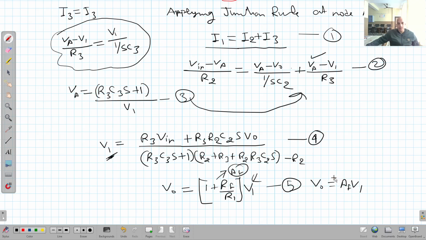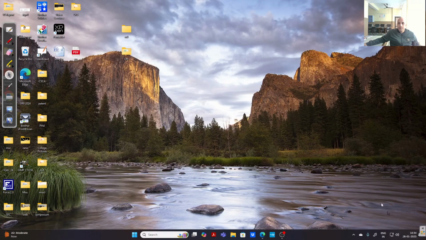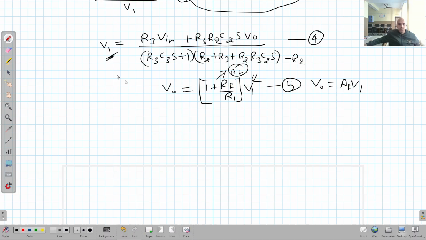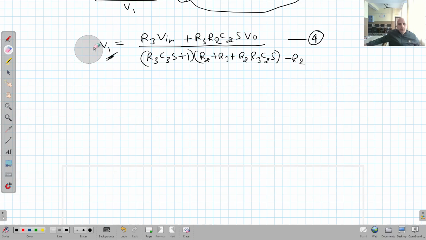Clear? And then we will solve it, right? So I will put the value AF here, and then this will give us V output. Clear? It will become V output is equal to this multiplied by AF. Clear? And this is equation number 6.